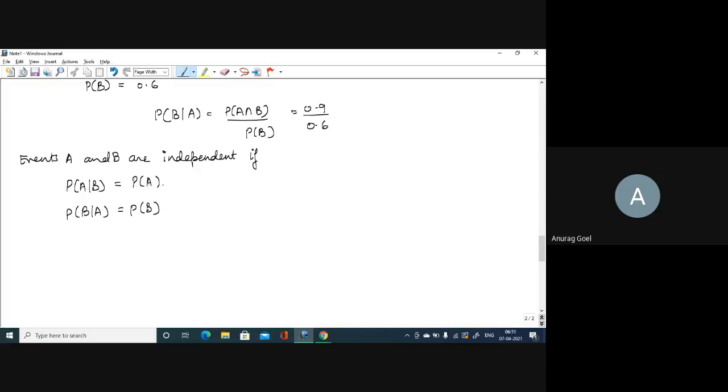That means the probability of event A given that B has occurred would be equal to the probability of event A, because A and B are independent. So A does not have any dependency on B. So whether B has occurred or not, A isn't affected. So that's why this information is useless in that case. So the probability of A given B would be equal to P(A).